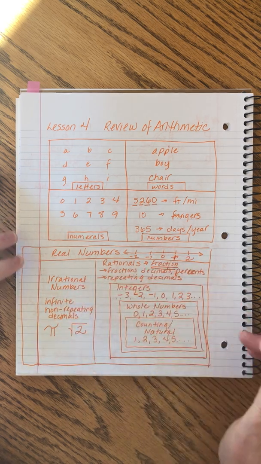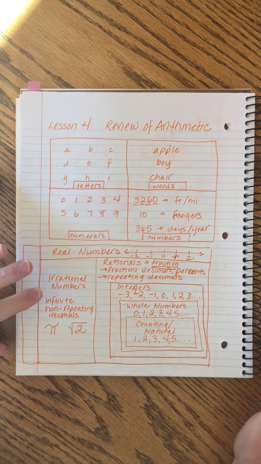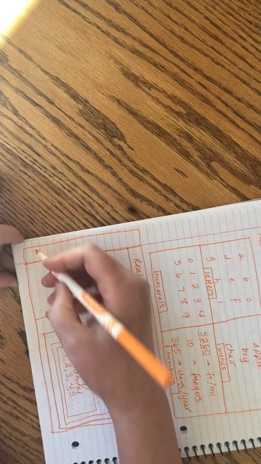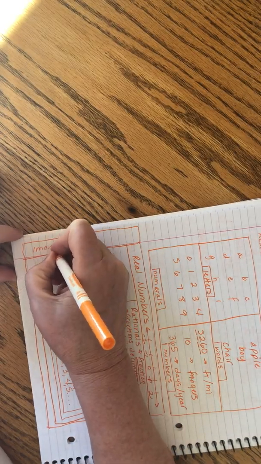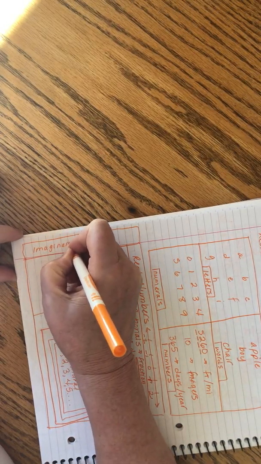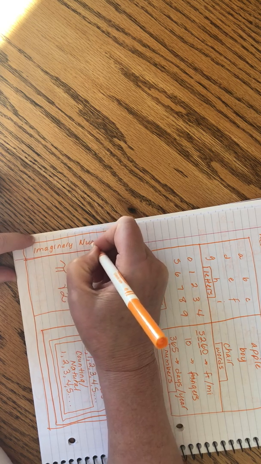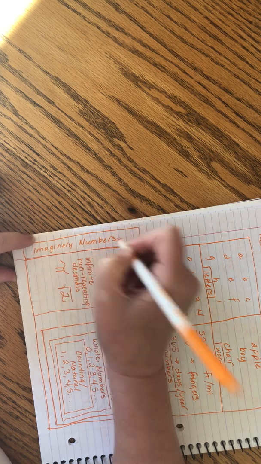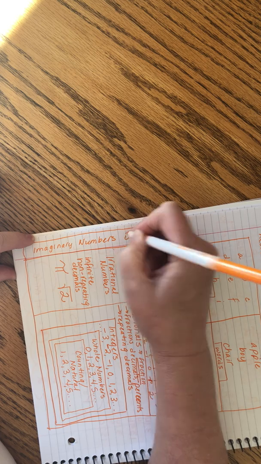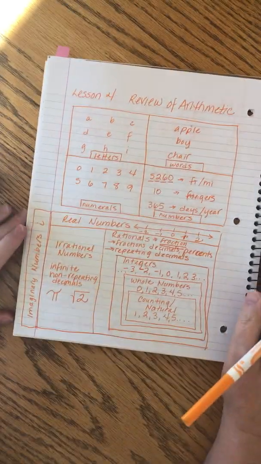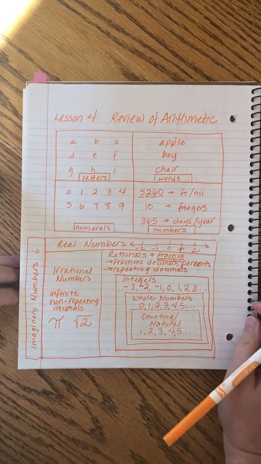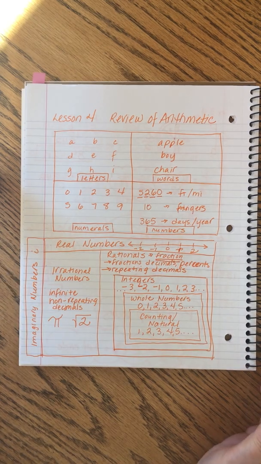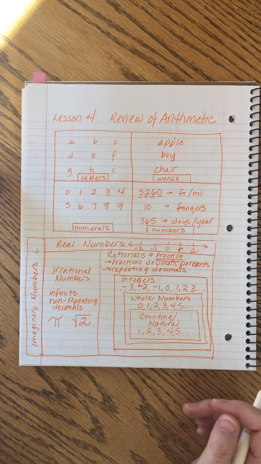So I'm just going to add them to our page here. There is a thing called imaginary numbers. They're expressed with the letter i after the regular number, and they are numbers that cannot be found on the number line. Huh, who knew, right?